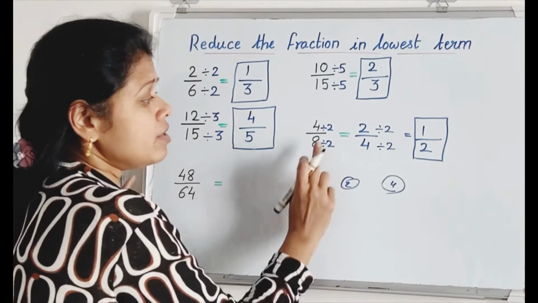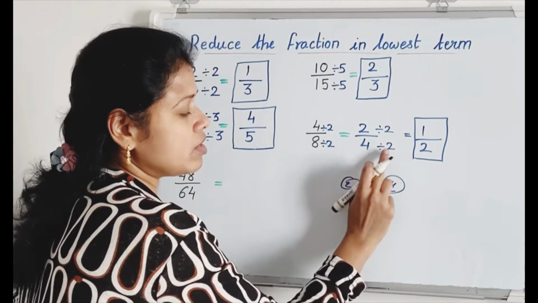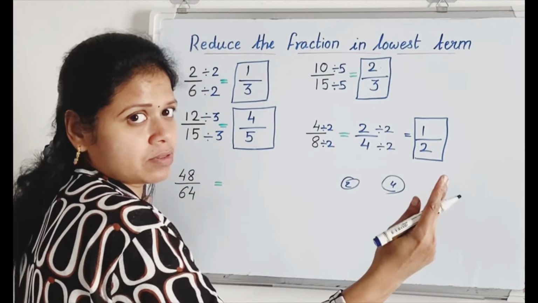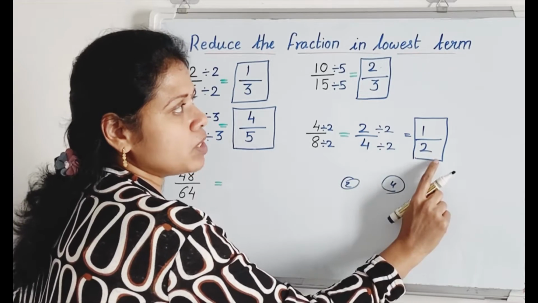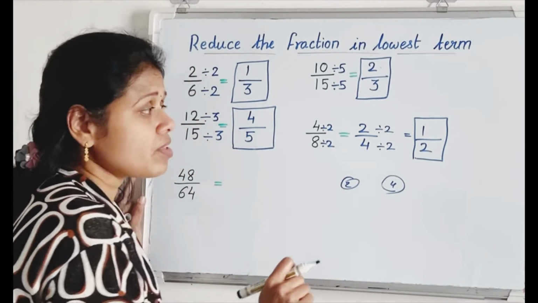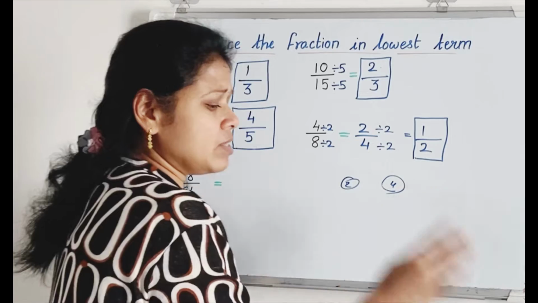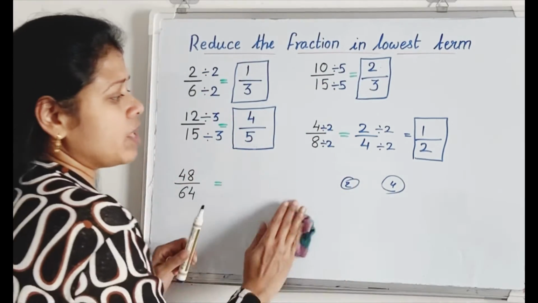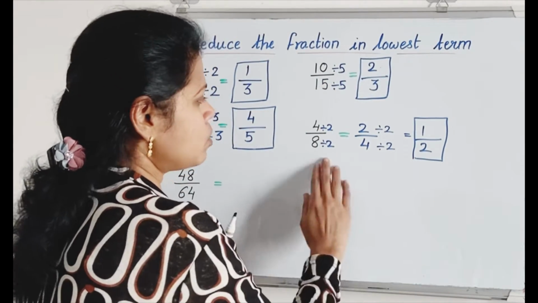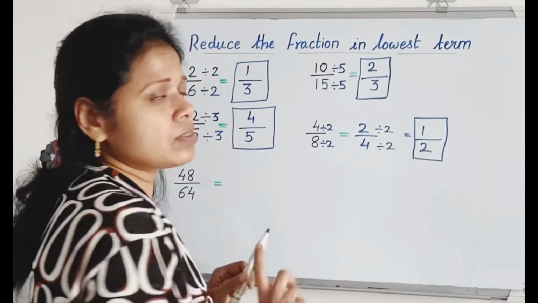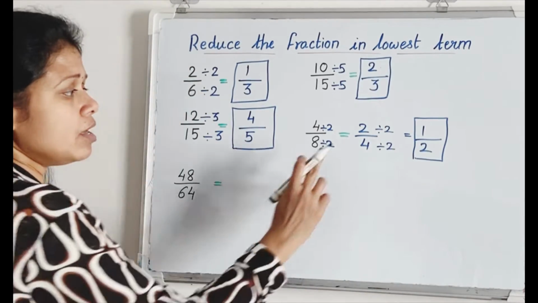Here we did the division 2 times to change it to its lowest term. If you doubt how many times we have to do this division, here it is 2 times.